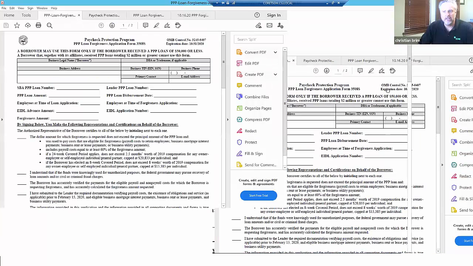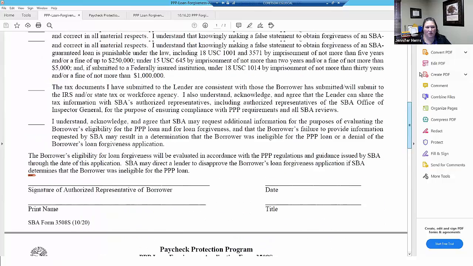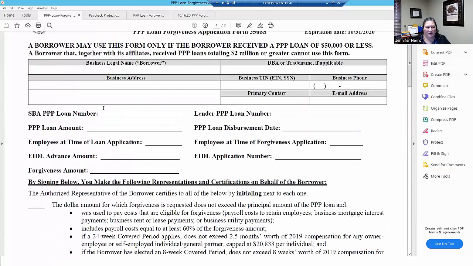So is this the automatic forgiveness that they were talking about? Sort of, yes, you still have to provide documentation. So it's a 1-page thing that you have to go through. You fill out your name, your number, all that information, how many employees you had, and if you had any EIDL advance.